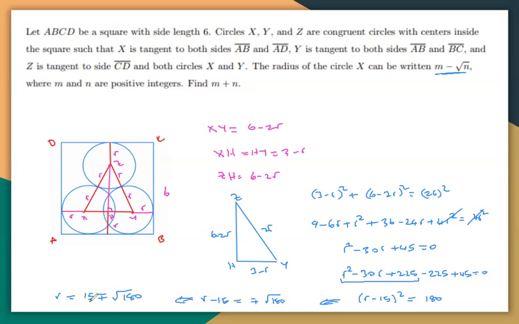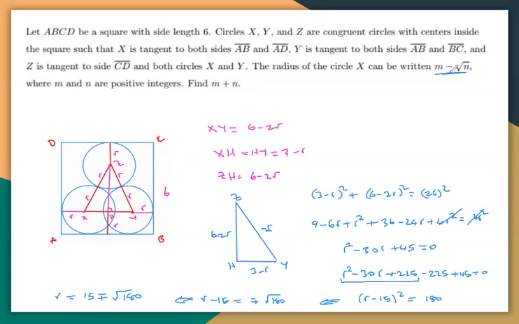When you take 15 plus root 180, this number is already larger than root 169, which means it is larger than 13. If you add 15 to 13, you will get a way bigger value than the radius we expect, because that should be somewhere between 2 and 3. So then this should be the minus version.